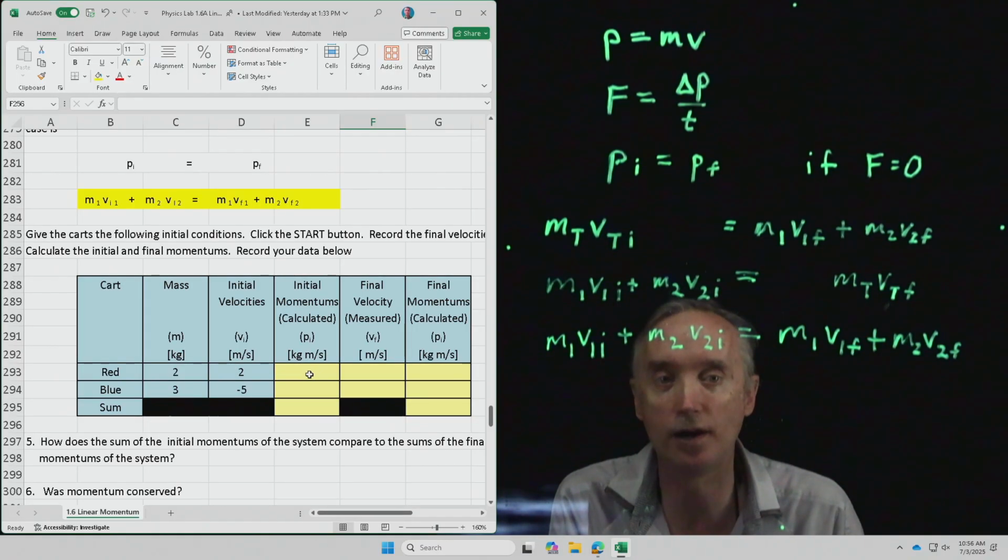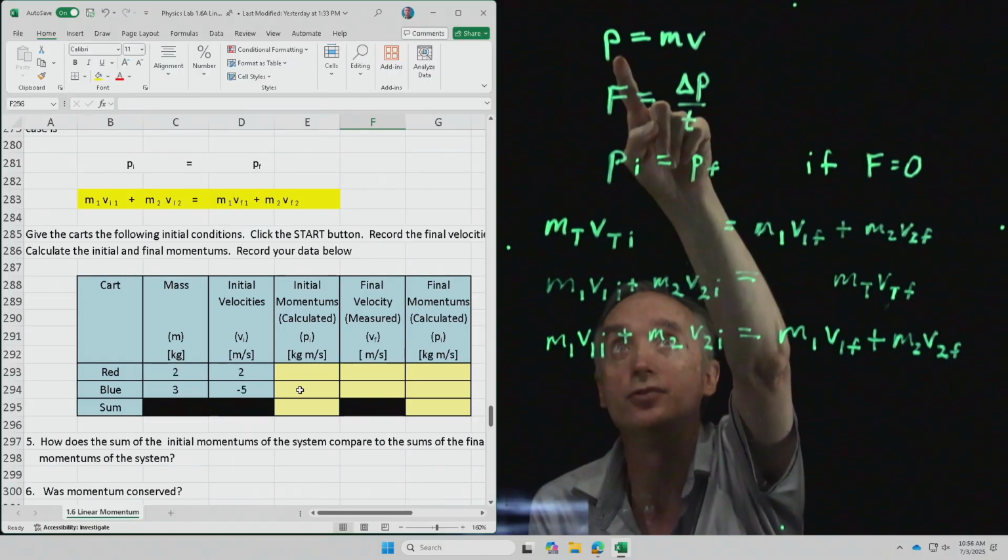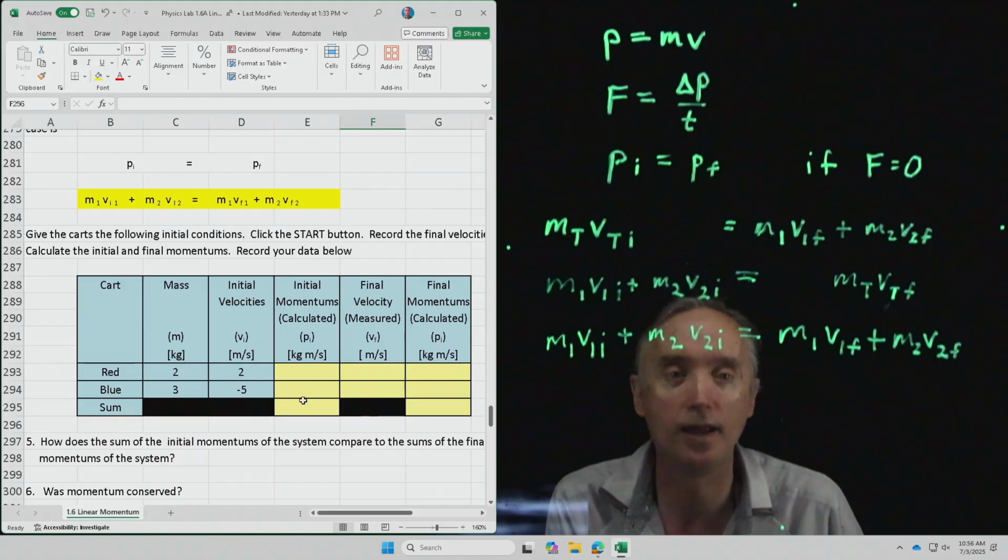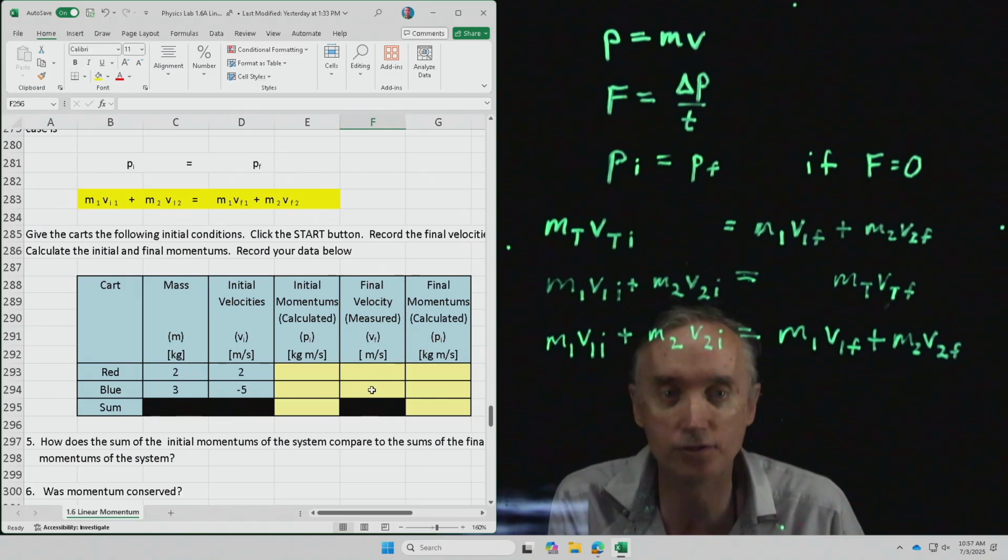And then you're going to calculate the initial momentums, remember using this up here, and then you're going to find the final momentums from the simulation.